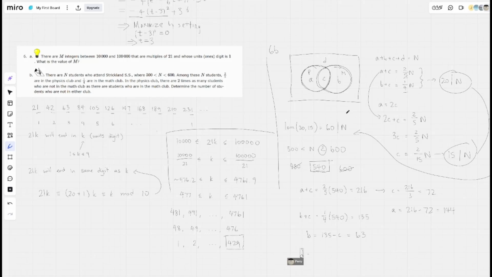So D is equal to n minus A minus B minus C, which is 540 minus 72 minus 144 minus 63, which is equal to 261. And that is our final answer.